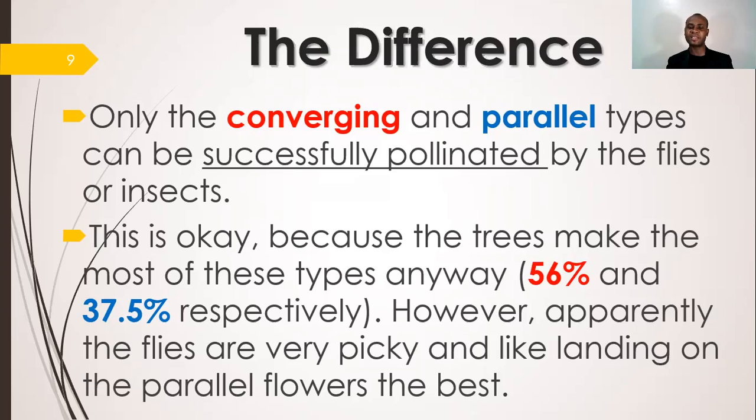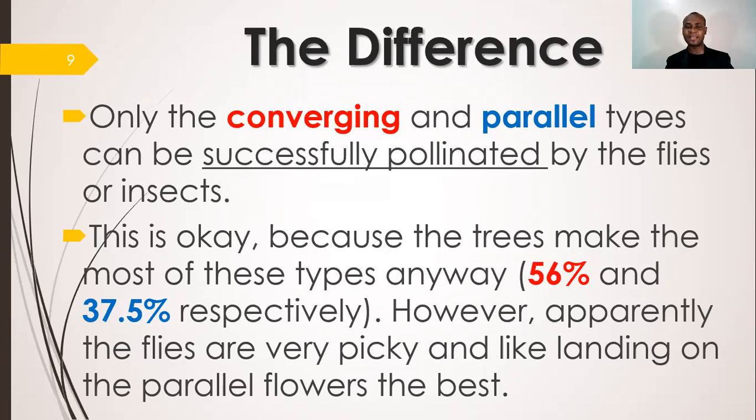So convergent flowers are about 56%, and the parallel flowers constitute about 37% of the flowers. Which means that the percent of divergent flowers is very small. So apparently, pollinators are picky, and usually they land more on the parallel flowers most of the time.